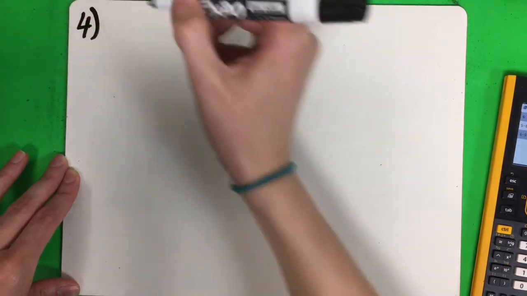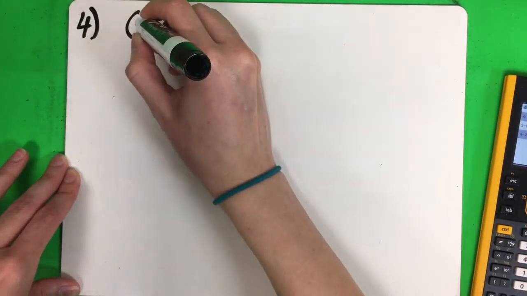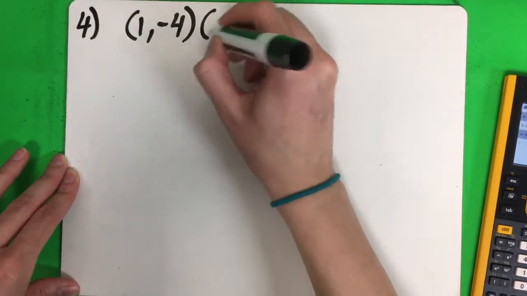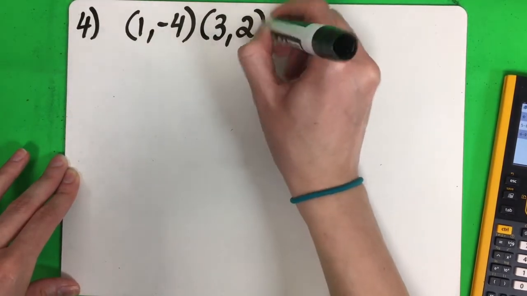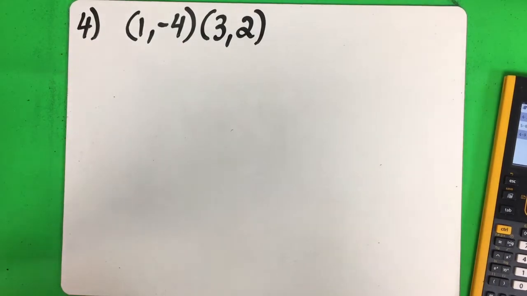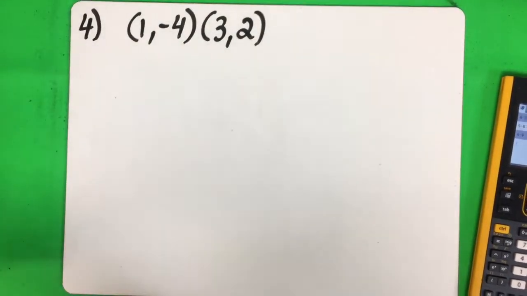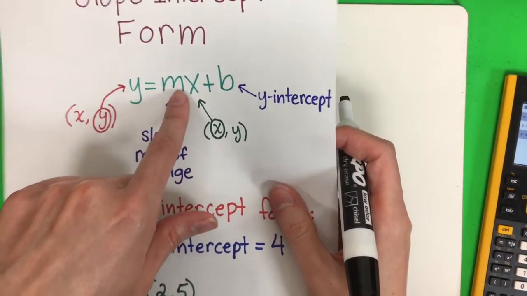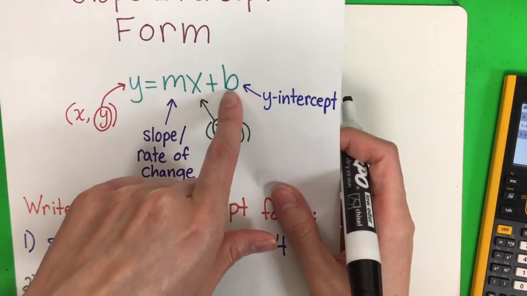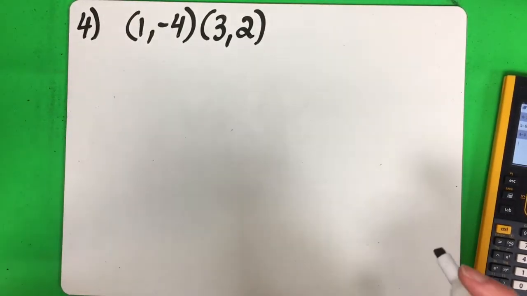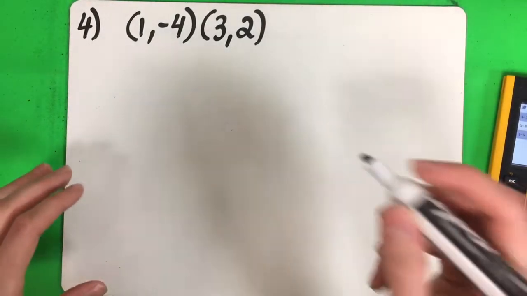Question 4. I have 2 ordered pairs. I have 1, negative 4, and I have 3, 2. Okay, so what I need, remember, for slope-intercept form is I need a number for m and I need a number for b. So I need m and I need b. So first let's go ahead and find m.